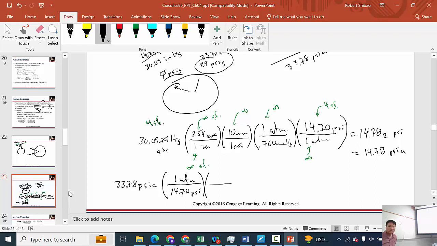Then I'm going to convert this to pascals. Should I go bars or pascals? All right. If I go pascals, there's 101,325 pascals per atmosphere.